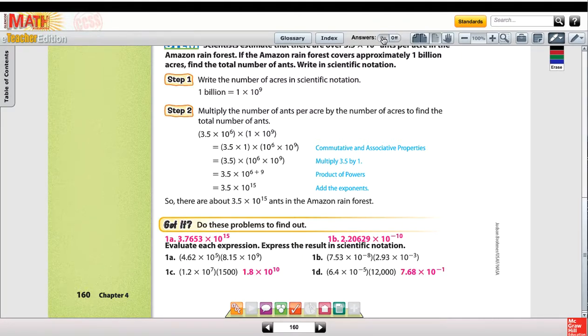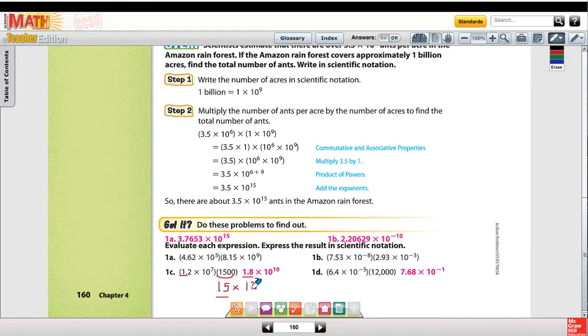For 1C, you should have gotten 1.8 times 10 to the 10th, and for 1D, 7.68 times 10 to the negative 1. They threw you a little loop there by not having a number written in scientific notation, so you could write that as 1.5 times 10 to the 3rd, and then 1.2 times 1.5 gives you the 1.8.